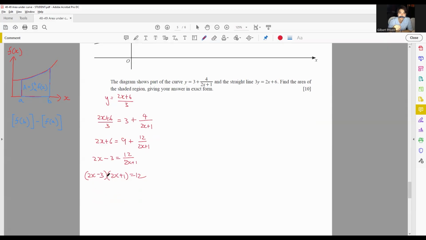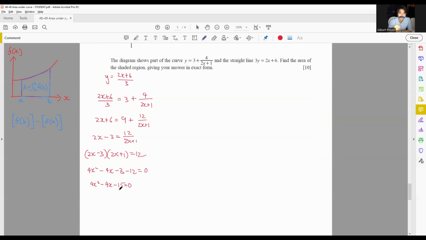Expanding this, becoming a quadratic equation, you have 4x² + 2x - 6x, so that's -4x - 3, bring the 12 over, -12 equals 0. Your quadratic equation is 4x² - 4x - 15 equals 0, right?